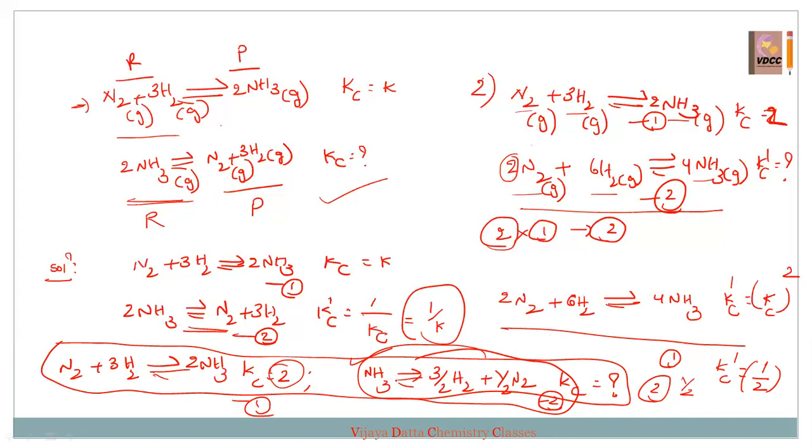That half I am writing as the power. Now Kc dash for the second reaction is 1 by root 2, simply. Power half is nothing but root. Okay students, this is the simple logic, tricks, shortcuts, whatever we can say, for the calculation of the Kc. Fine students.